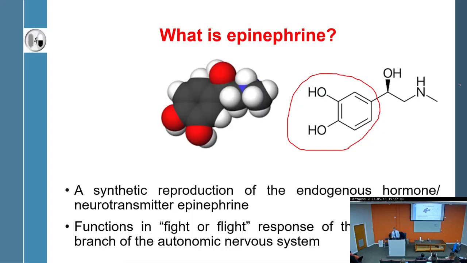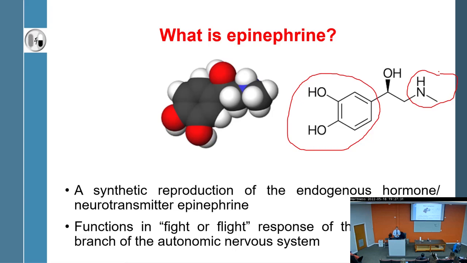And then this particular one that we have here has another group here that is an amine. So that's why the chemical class that this epinephrine belongs to is catecholamines. Okay? Catecholamines. And there are several catecholamines. What I mean with that is that they have the catechol and an amine group.